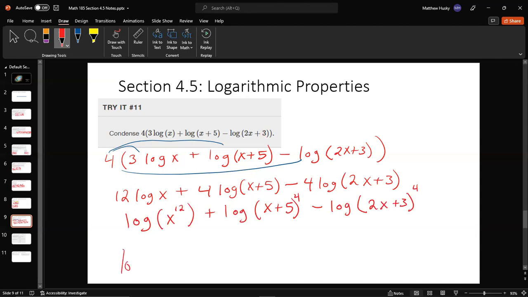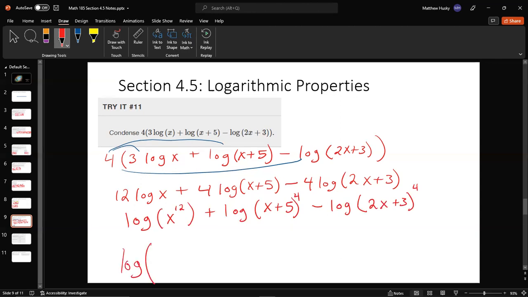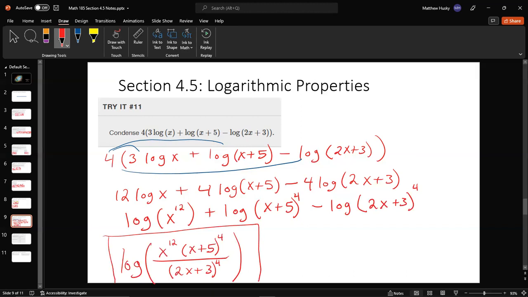So we're going to do log, we're going to have x to the 12th, and then x plus 5 to the 4th power. And then this one right here is being subtracted. So that would be 2x plus 3 to the 4th power. And there you have it. That is the result we get for that one there.